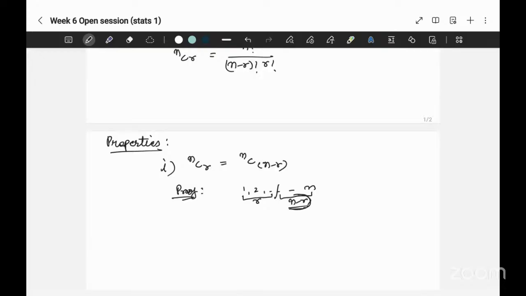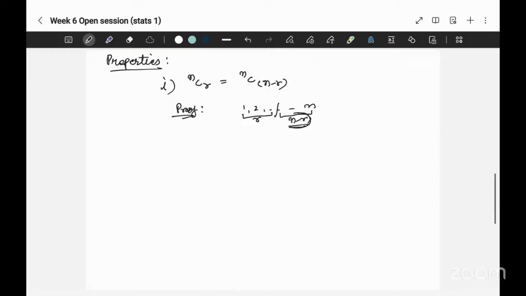Also through the formula, nCr is n factorial divided by r factorial into n minus r factorial. This can be written as n factorial divided by n minus r whole factorial into r factorial, and this is actually nC(n minus r). Fine, this is one property.